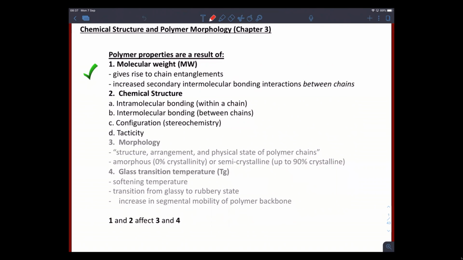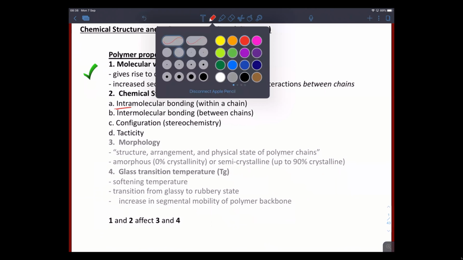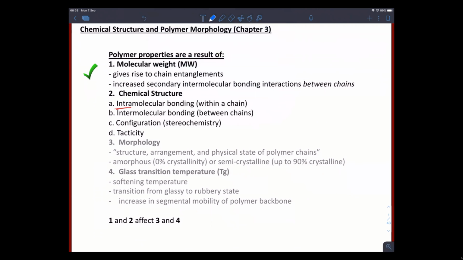Now, what we're also going to consider is chemical structure here. So we're looking at intramolecular, and the key there is it's intra, so it means within a chain. And then we're also going to look at intermolecular bonding, which is between chains. And we're also going to look at configuration and stereochemistry, and how the tacticity of these things affects the polymer properties.